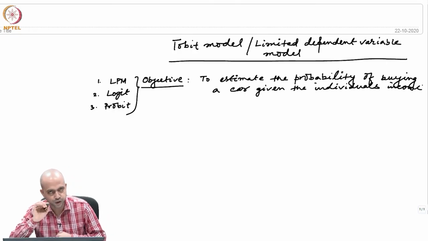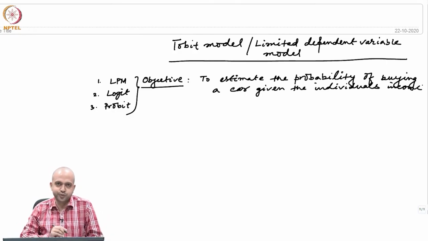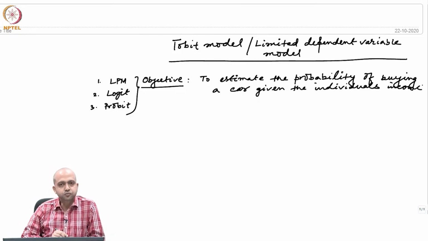We are considering only one explanatory variable, that is income. Okay, it is the probability.